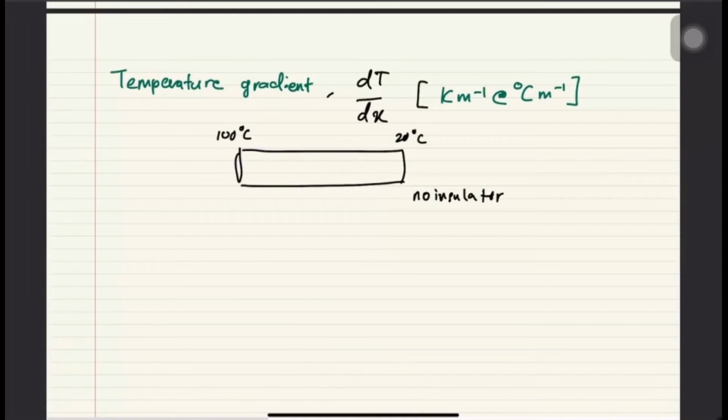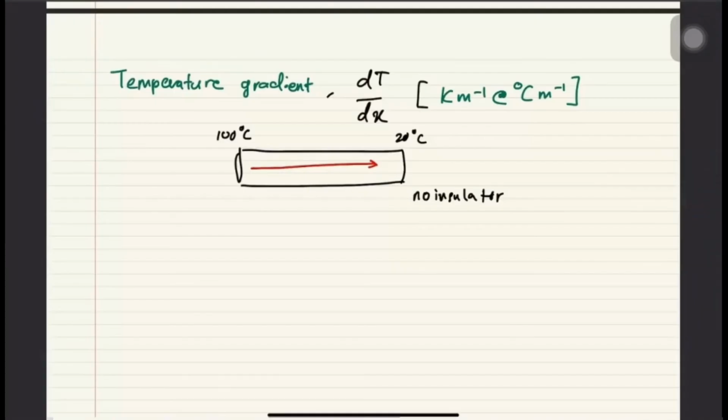Okay, so if the heat flow has an insulator, it will move straight. That means there is no heat loss. But if there is no insulator, because here I wrote no insulator, you will expect that the heat will transfer out somehow. It goes out.